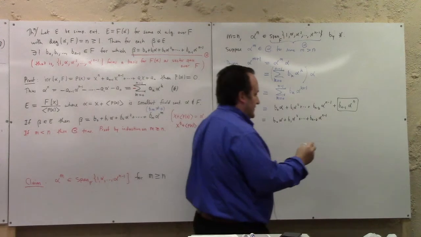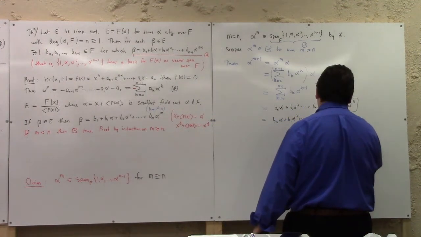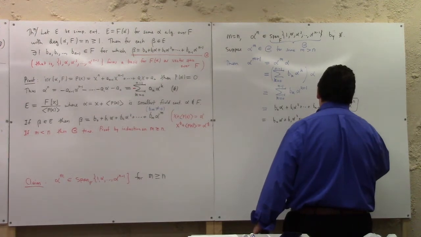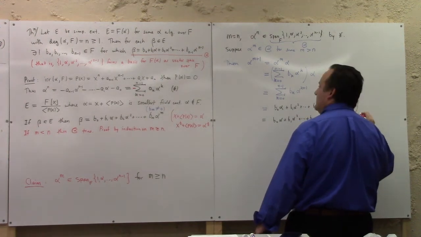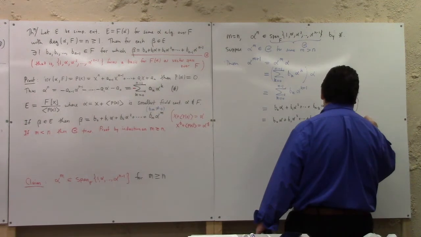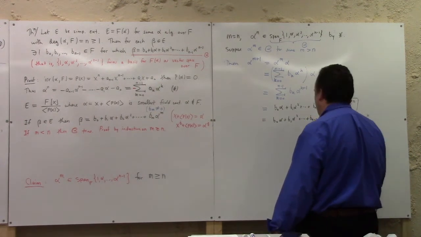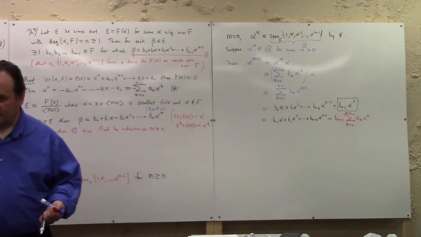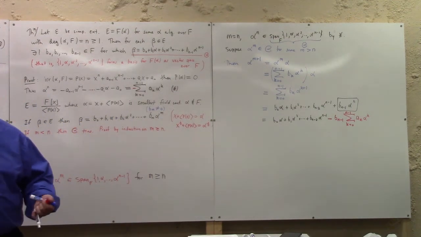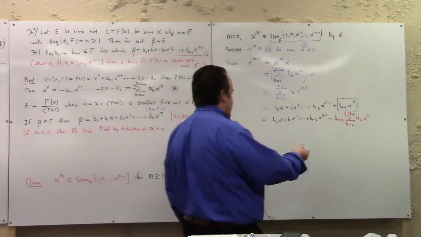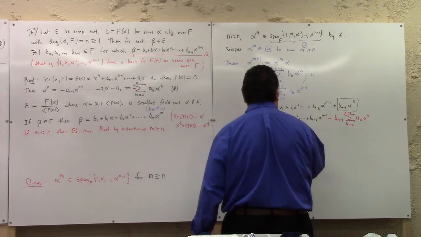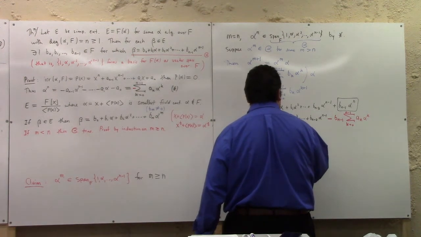So this is minus b sub n minus 1 times the sum, k equals 0 to n minus 1, of a sub k alpha to the k. And then grouping like terms, right?